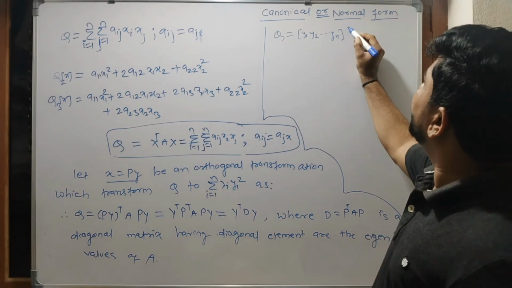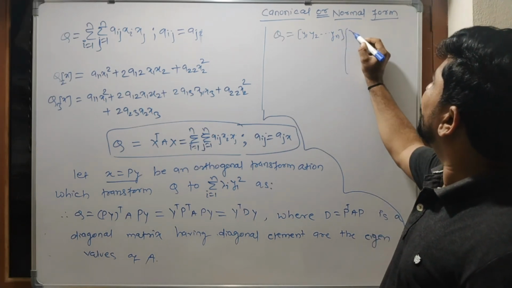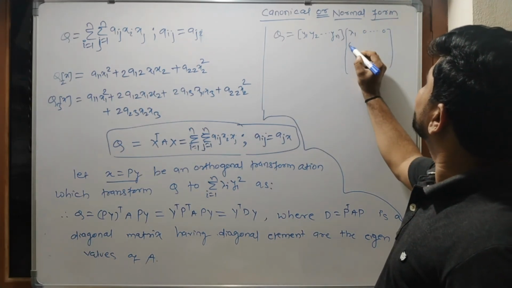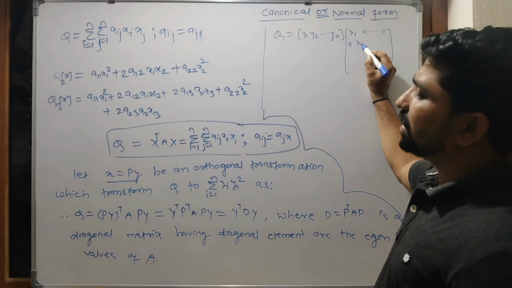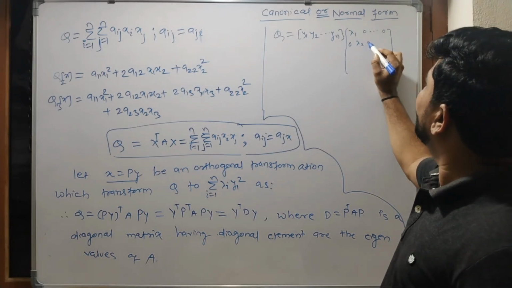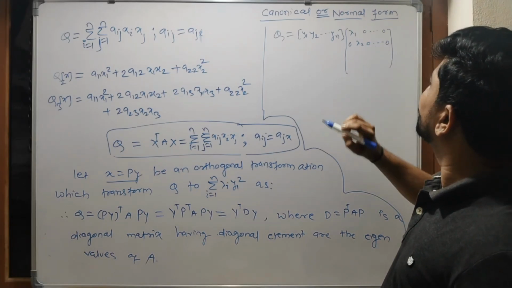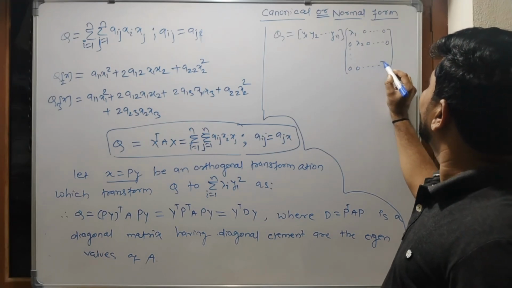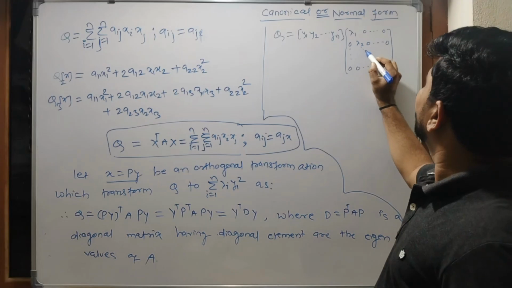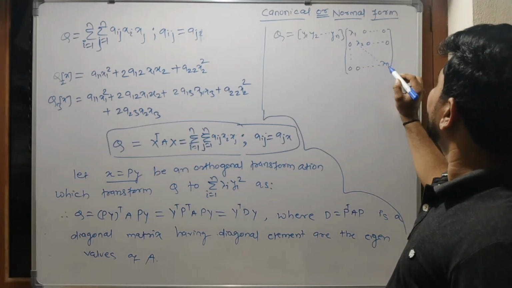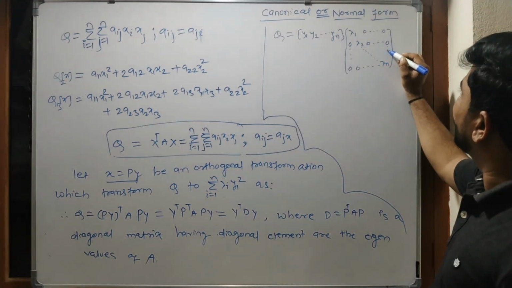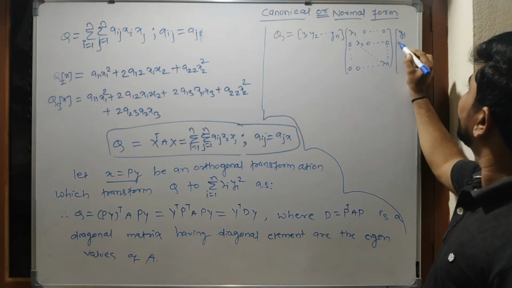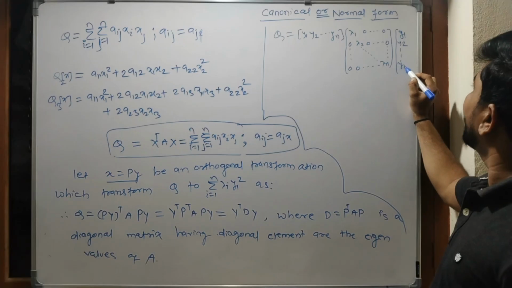Now D is the diagonal matrix, therefore lambda 1, 0 up to 0, then 0, lambda 2 on the diagonal, 0 up to 0, and in this way up to lambda n. Here lambda 1, lambda 2, lambda 3 up to lambda n are the eigenvalues of the matrix A, and this is multiplied by y1 y2 up to yn.